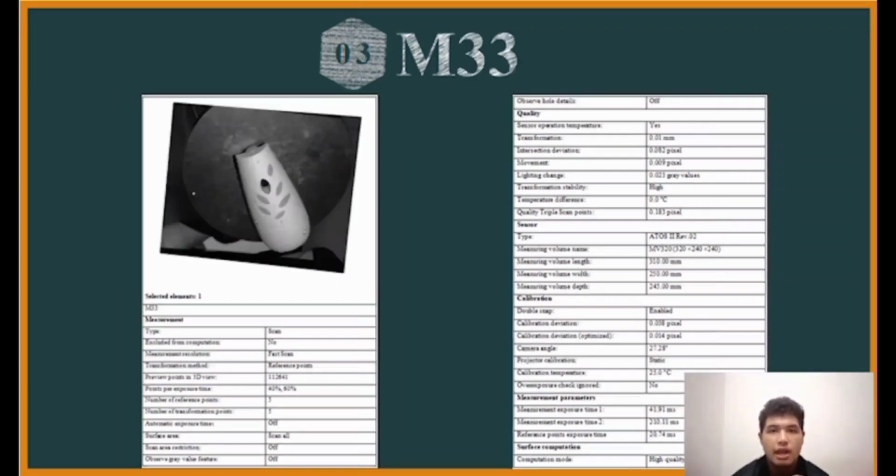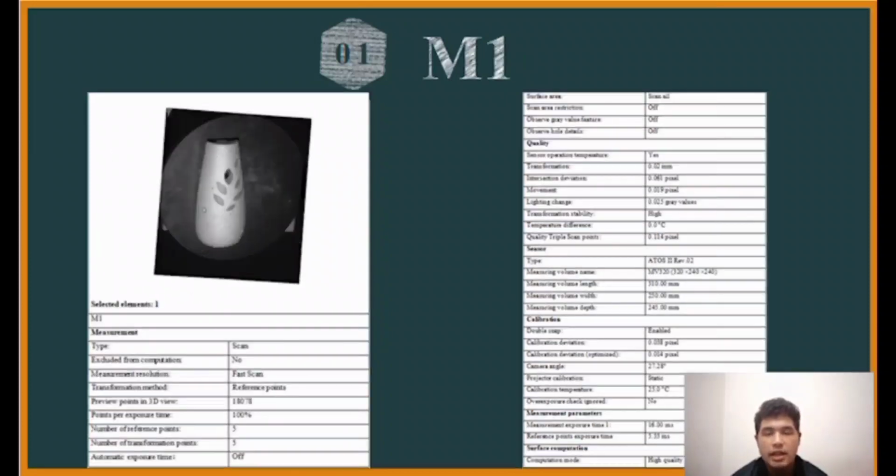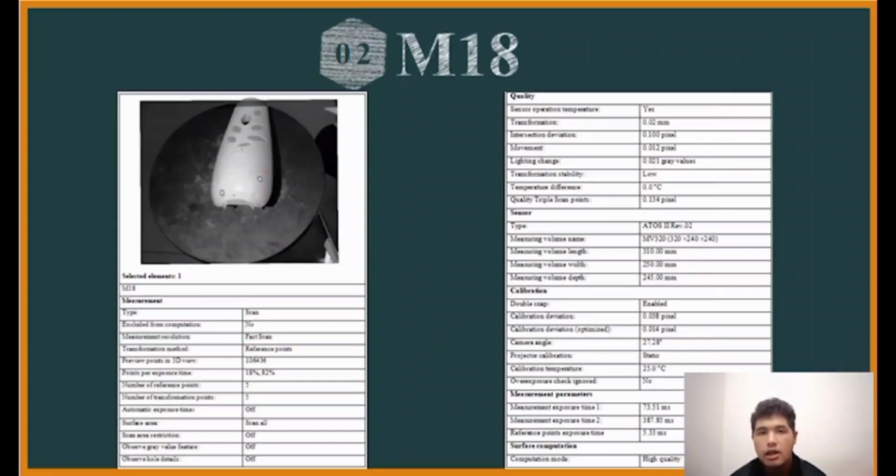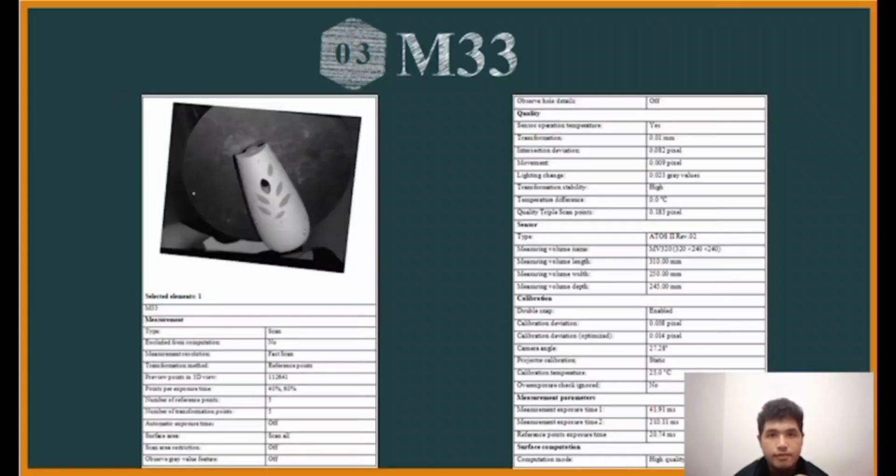First, I'm going to show you the data and the properties for element M1. Next, this is the data or properties for the element M18. And then the next one is the data and properties for element M33.